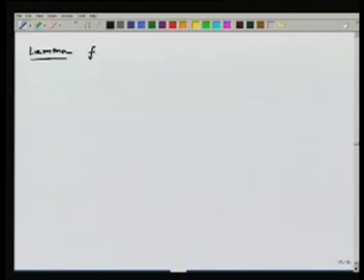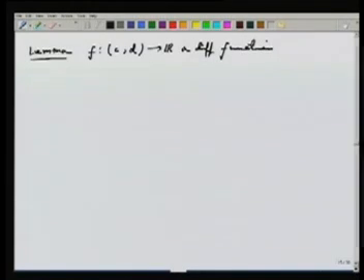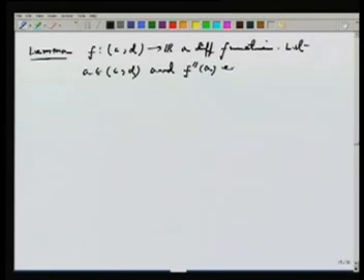Suppose f from c to d to R is a differentiable function, and let a belong to (c, d), and also suppose that f''(a) exists.